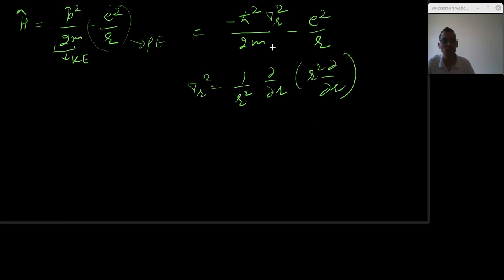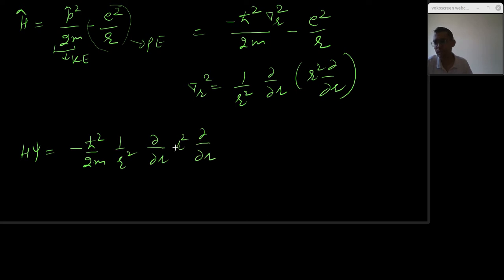So if I use this value here, I can write H psi as minus h cross square over 2m times 1 over r square ∂/∂r of r square ∂/∂r, minus e square by r, and psi will be outside.